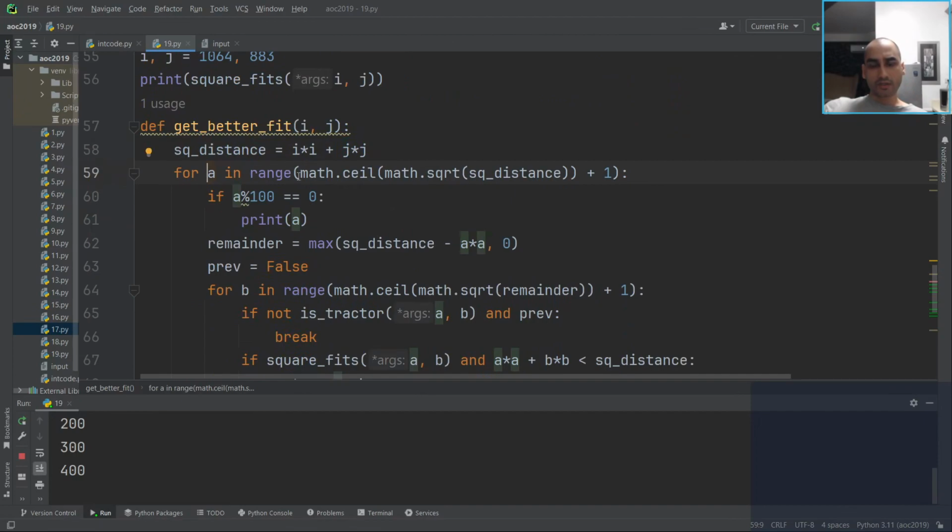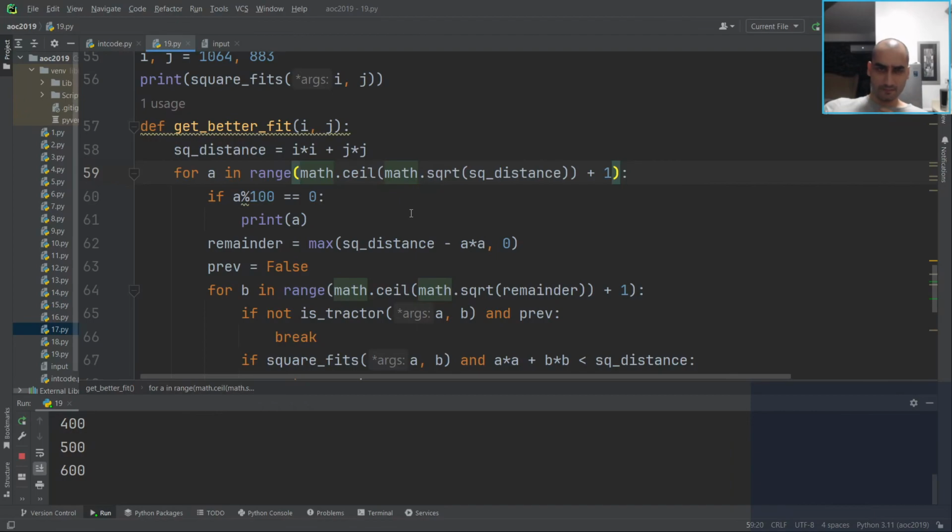For a in range up to the square root of square distance and add one, just... we're doing a range of a float, I don't know.